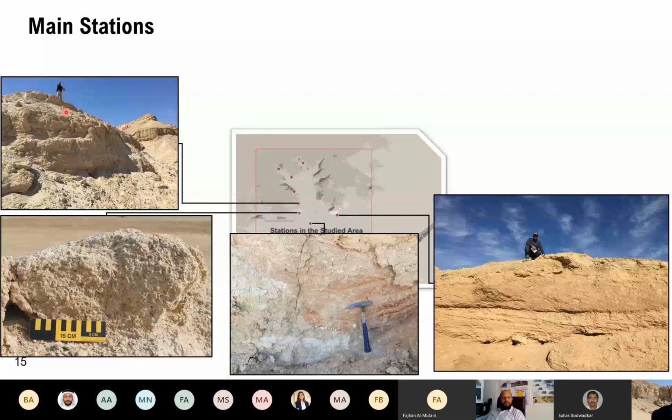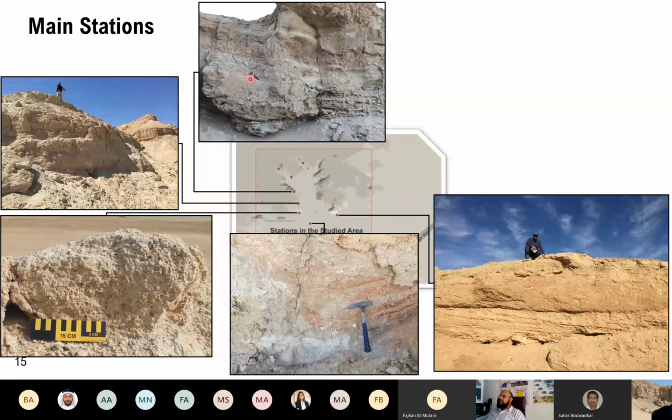This lithology is totally different from the one below it, if you move from the bottom to the top. I will also show you the next station, how we are doing the field work, because we are moving across the wadi. This is the top unit there. In the next slide, which you see here as a zoom in, the hammer is a scale. You can see that this facies is totally massive and structureless.